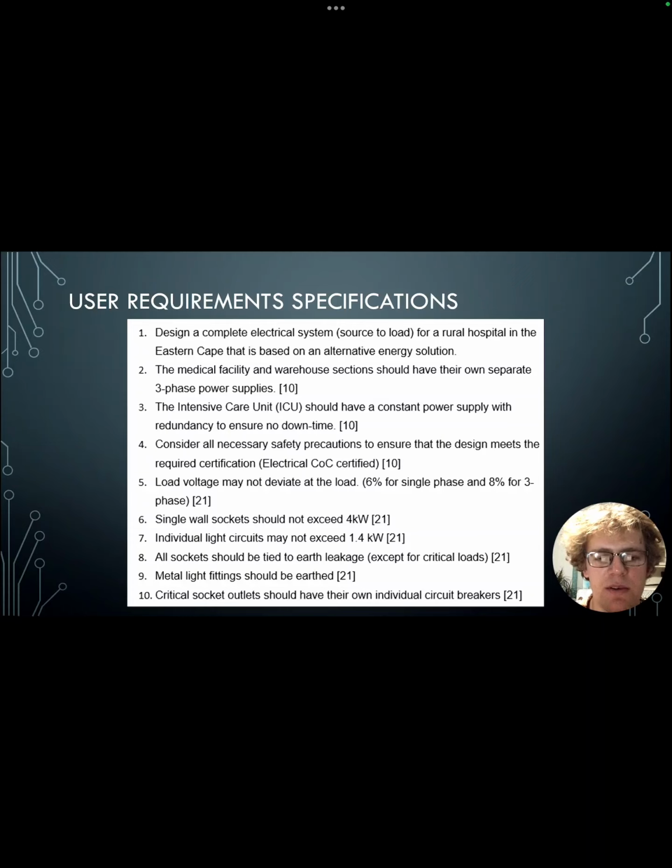The COC certification is a certificate of compliance. This was not done for this particular project, but if the project were to be implemented, a COC needs to be written out for the project to certify the project as being a legal electrical installation in South Africa.